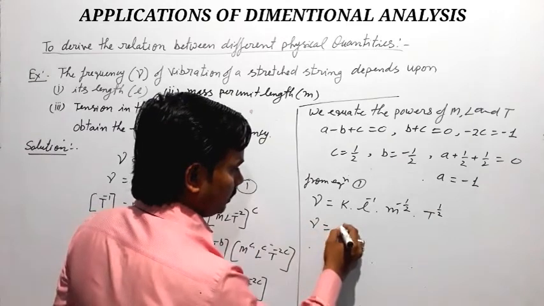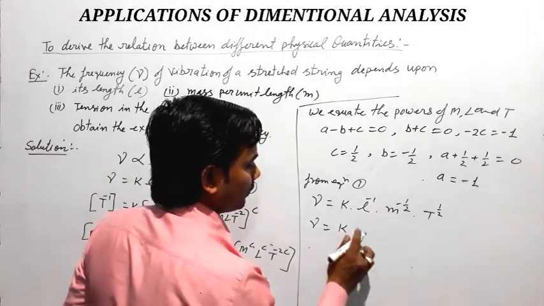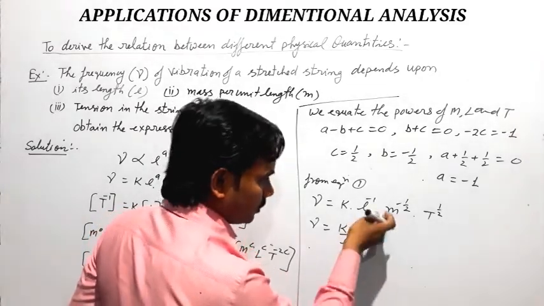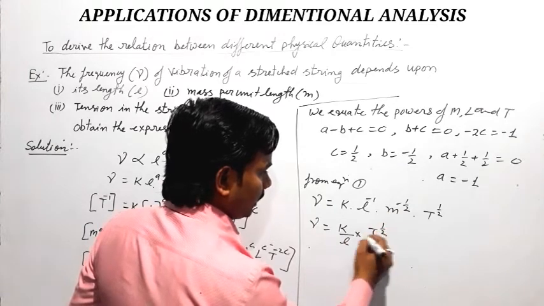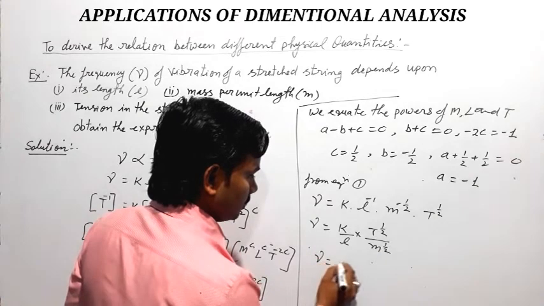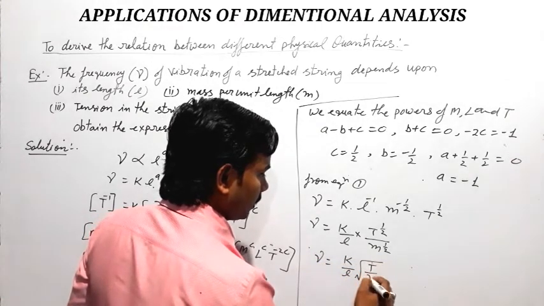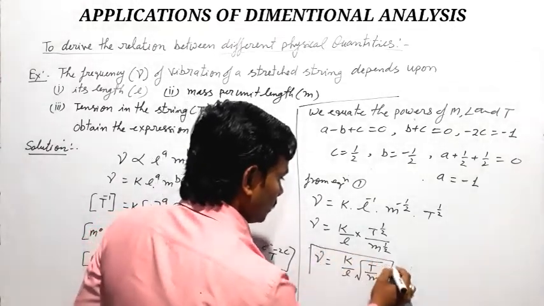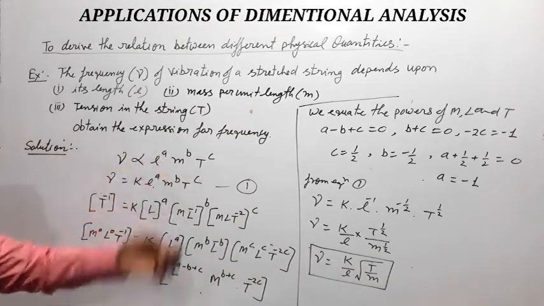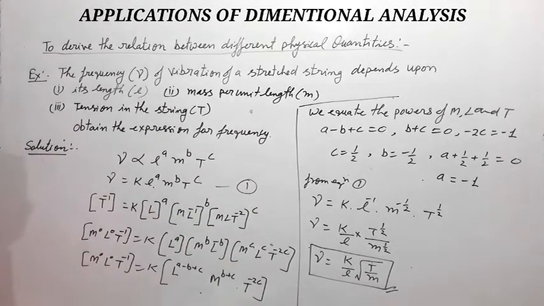So we will write K by L into T to the power 1 by 2 upon M to the power 1 by 2. So we will write K upon L root T by M. This is the final relation of the frequency of a stretched string. This is the final answer of this question.